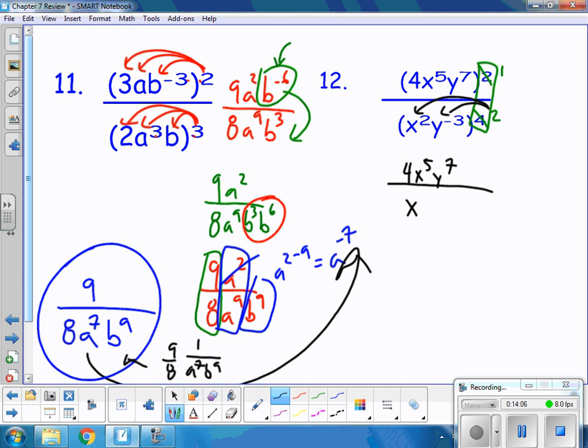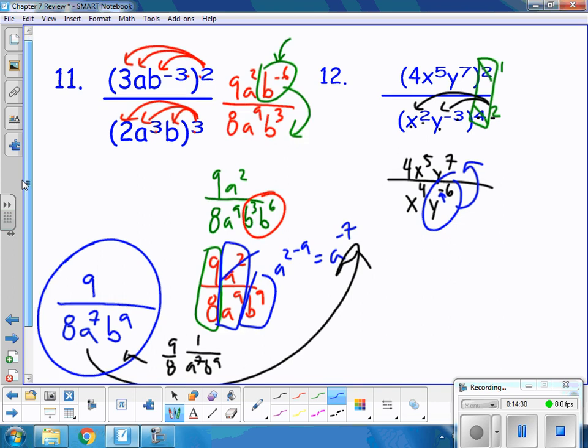So x to the 2nd to the 2nd power becomes x to the 4th. Y to the negative 3rd times 2 is going to be y to the negative 6th. Now, because of this negative, it's actually going to take this term and bring it to my numerator.